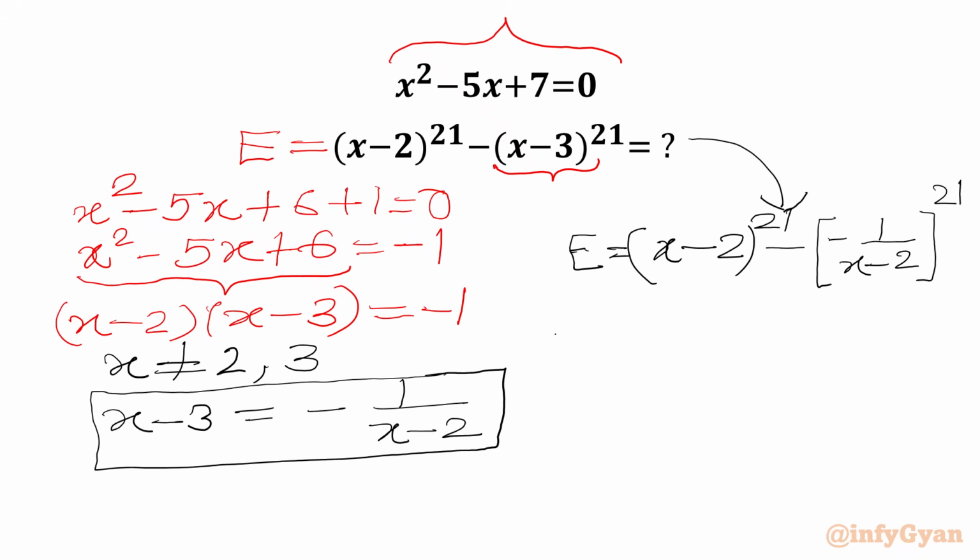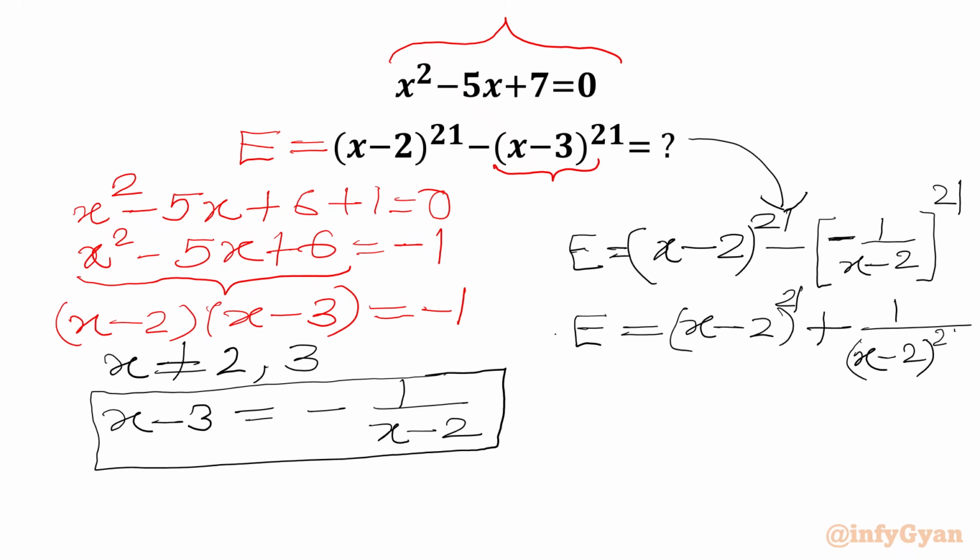whole power 21. Now the power is odd, and minus 1 raised to the odd power will be minus 1. So we will write our required expression E as (x minus 2) whole power 21 plus 1 over (x minus 2) whole power 21.